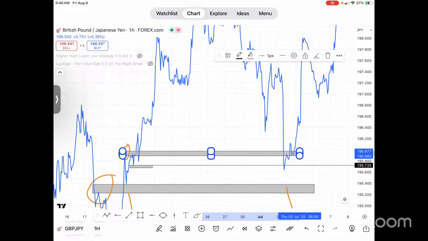195.725, major or minor? Minor. Why is it minor? Look like I only got 2 touches if I can see correctly.